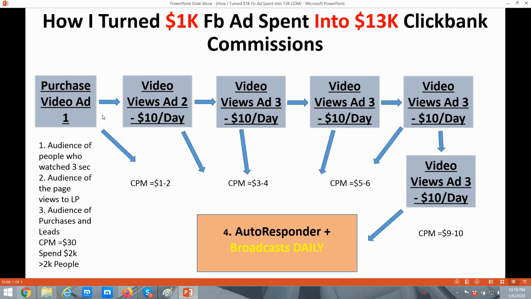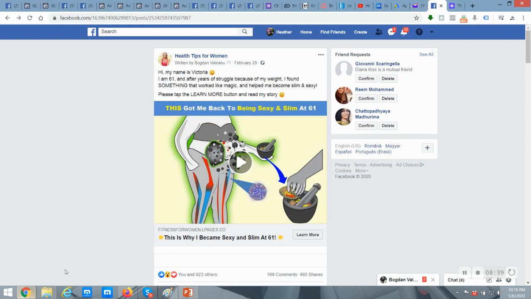And you're going to have to spend at least $2,000. I mean, you have to spend enough money to get at least 2,000 people in the audience.